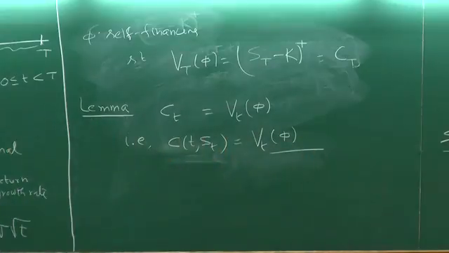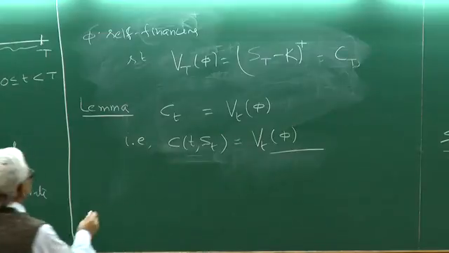The lemma ends here: C_t of S_t equals V_t of phi. So the value of the call price is equal to the value of the portfolio. The reason is that the portfolio replicates the call at the end of the day. Therefore their infinitesimal change will also coincide.